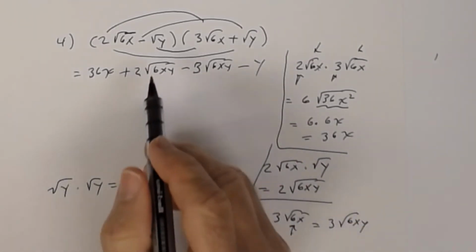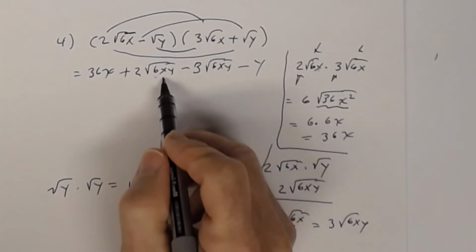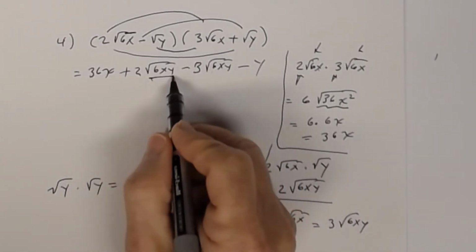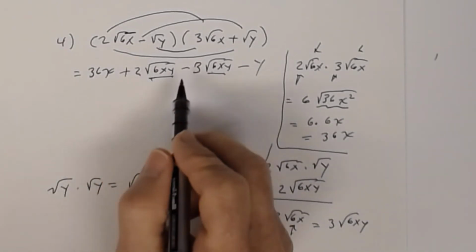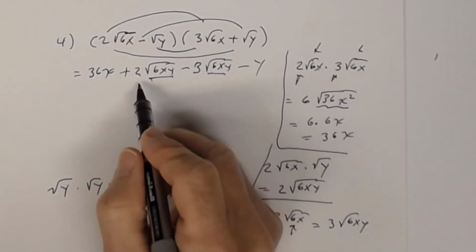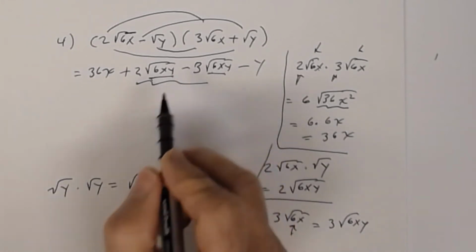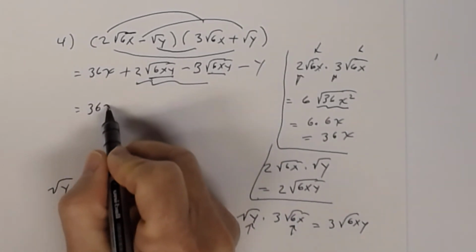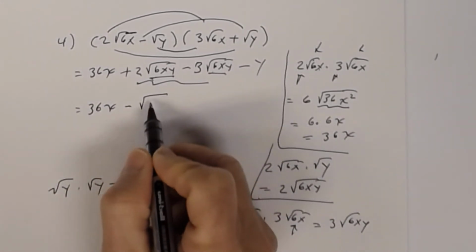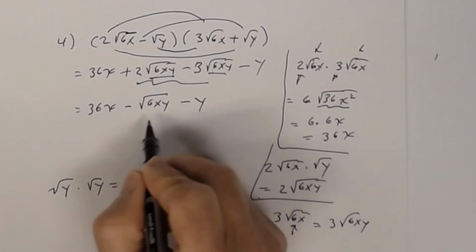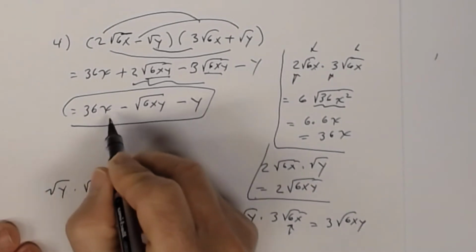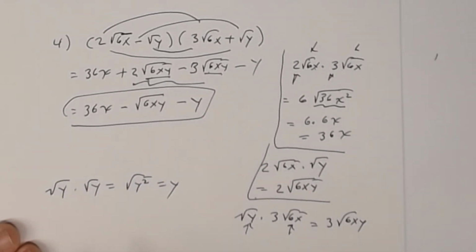I want you to notice, though, that these terms right here, you have to recognize those are like terms, because this is square root of 6xy, and this is also square root of 6xy. Here you have a positive 2, you have a negative 3 of them. So together, that's a negative 1. So I get 3x minus the square root of 6xy, see that negative 1, minus y. And there's your answer. You can't combine anything else because all these are different terms.